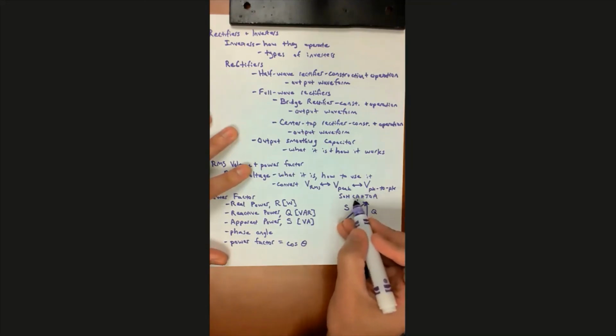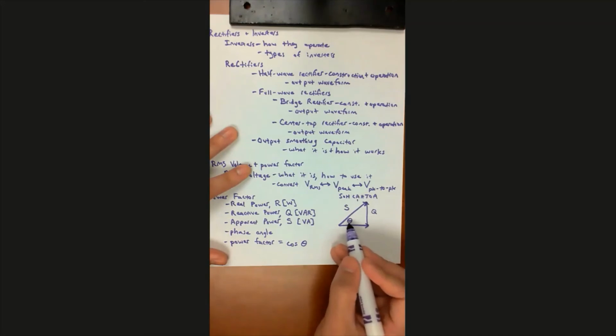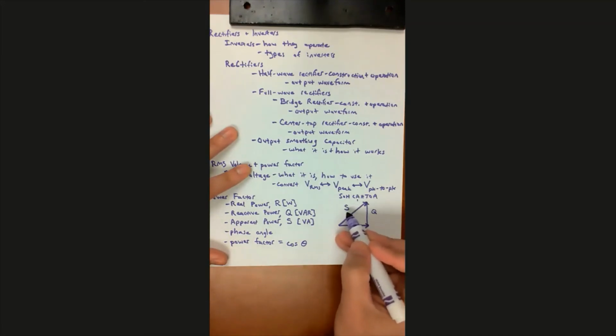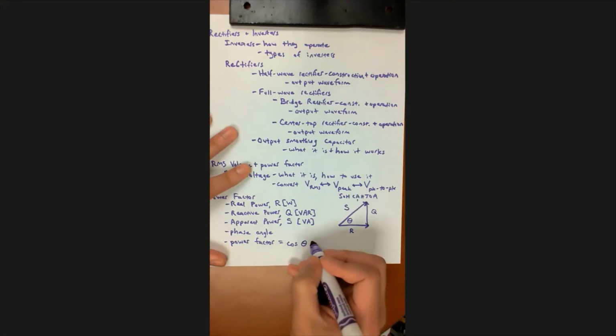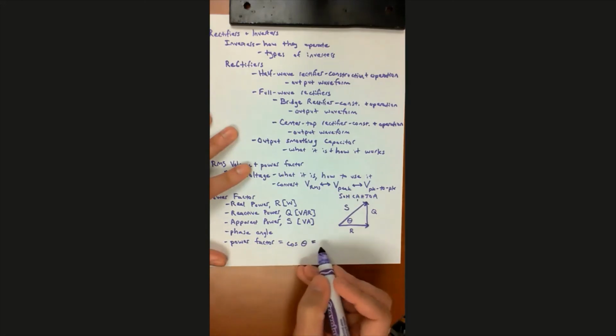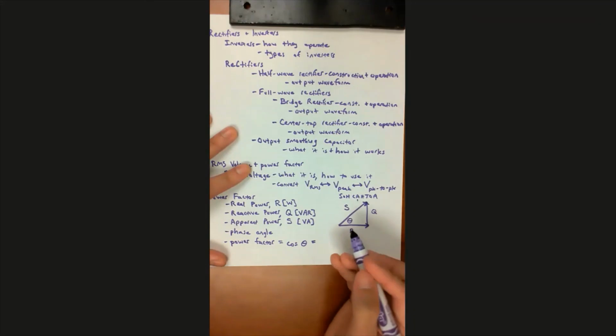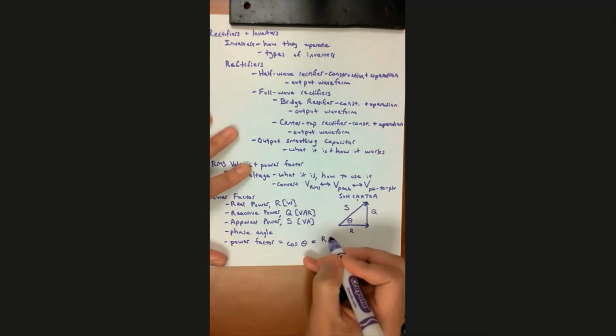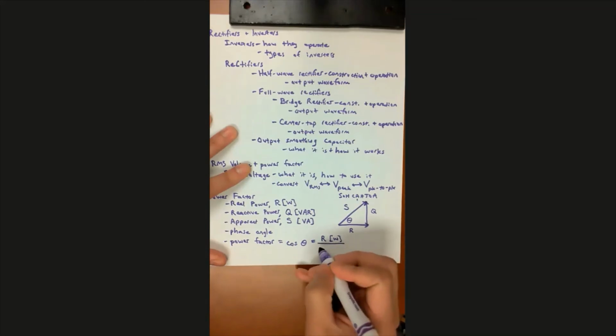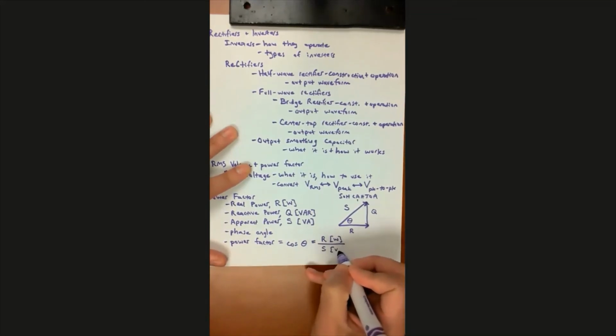The cosine of any angle is equal to the adjacent side length divided by the hypotenuse. Here's our angle. The adjacent side length is P, and the hypotenuse is S. So the power factor is equal to cosine theta, which is equal to P divided by S, which is the real power in watts divided by the apparent power in volt-amps.